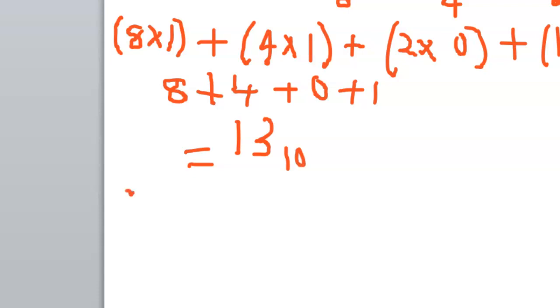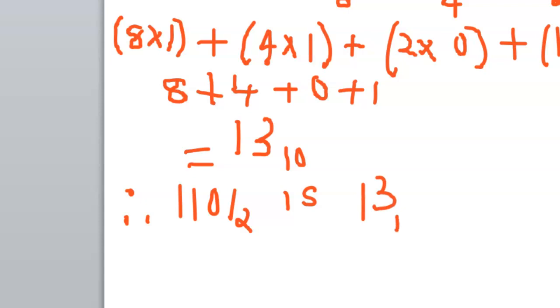Therefore, the final answer is supposed to be 1 1 0 1 base 2 is 13 base 10. Remember always to include base 10 for all decimal numbers and base 2 for all binary numbers. So this is not the final answer.